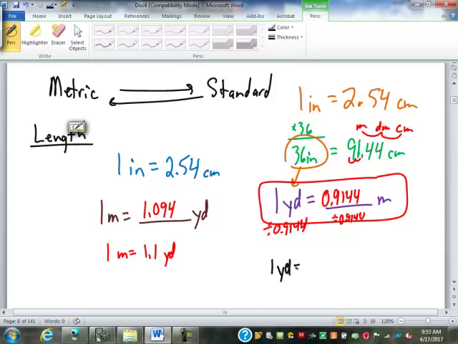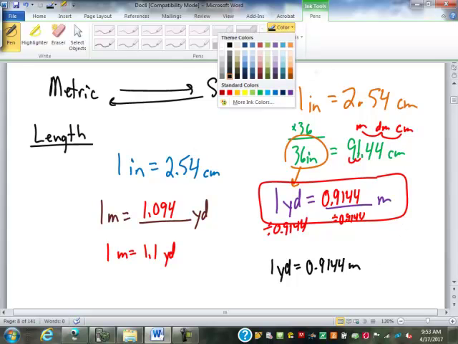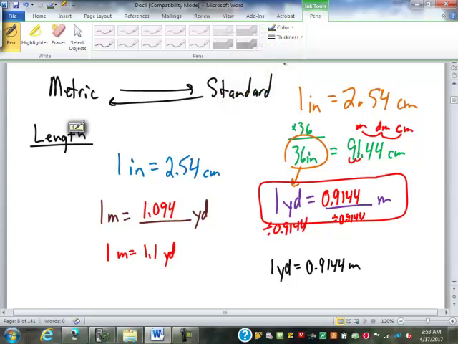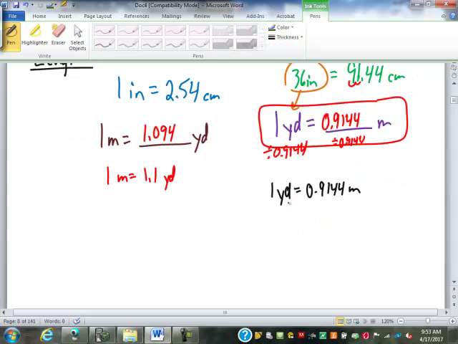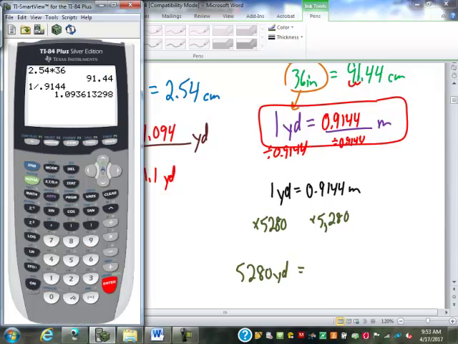1 yard, 0.9144 meters. 1 mile is 5,280 yards. Let's multiply by 5,280. So 1 yard times 5,280 is 5,280 yards. 0.9144 times 5,280.